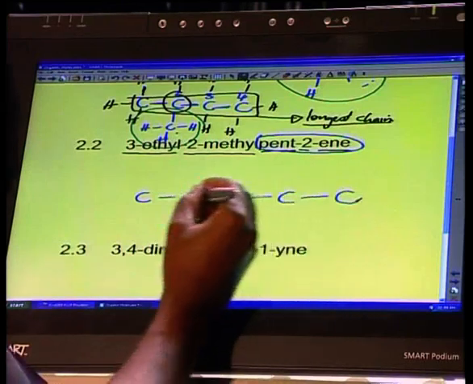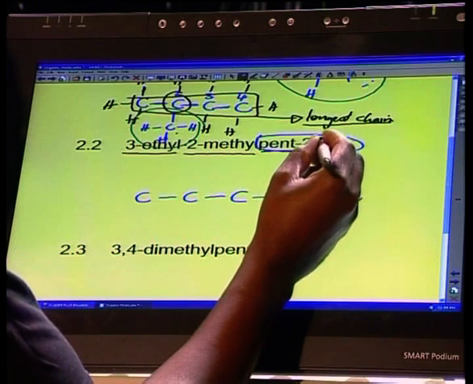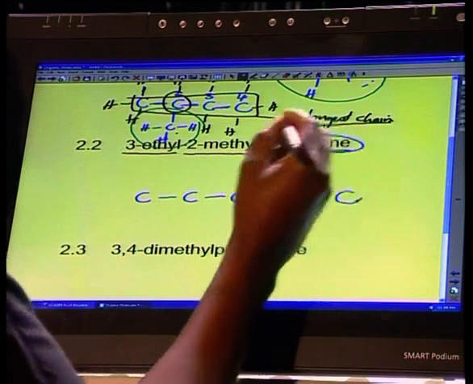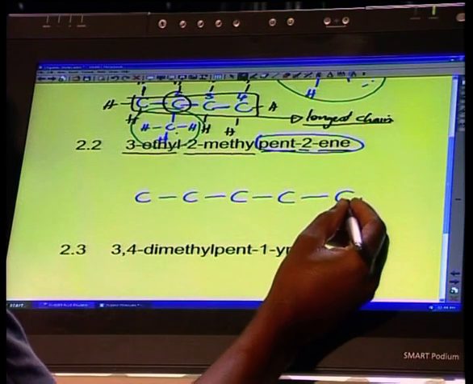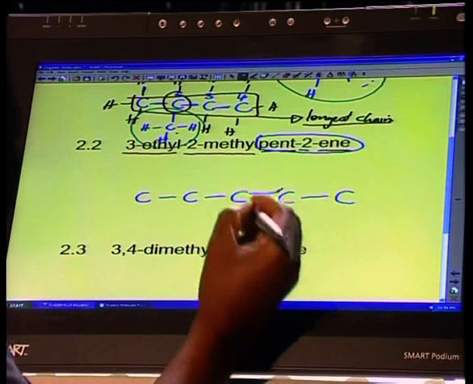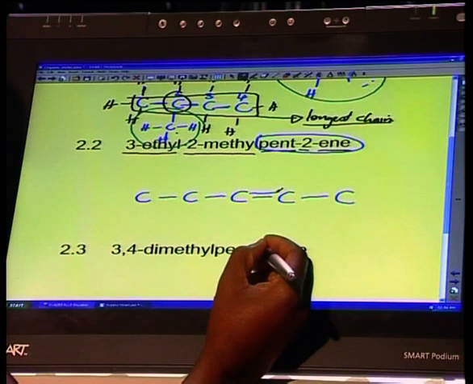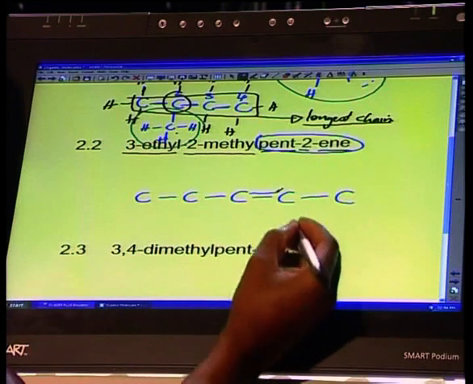Now, where would I have it? It says pent-2-ene, so it will be on carbon number 2. If I start counting from the right, 1, 2, so the double bond would be there. Okay? So I've satisfied the pent-2-ene there.